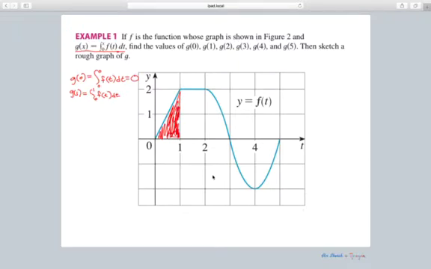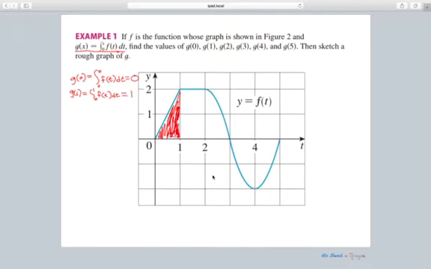The area of a triangle is 1/2 base times height, so that's 1/2 times 1 times 2, which is 1. So I know that g of 1 is 1. We're just going to continue this process for the next couple points: g of 2, 3, 4, and 5.